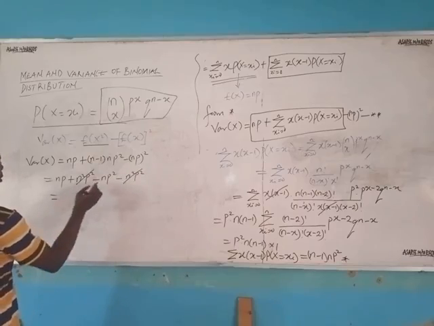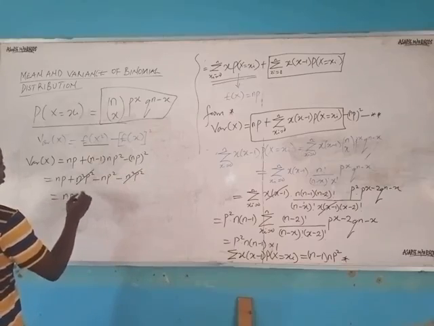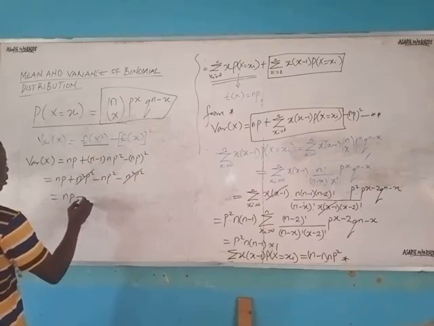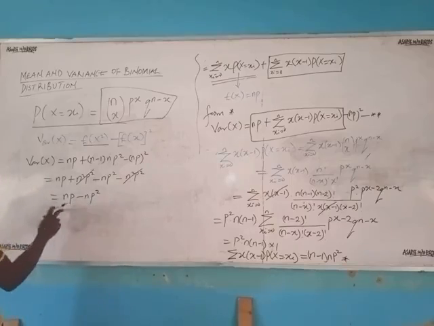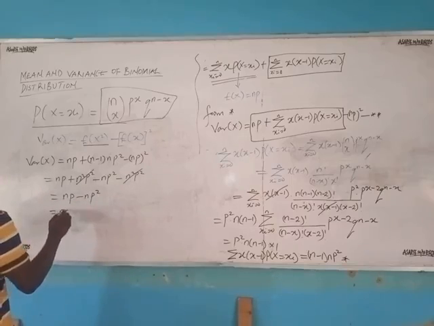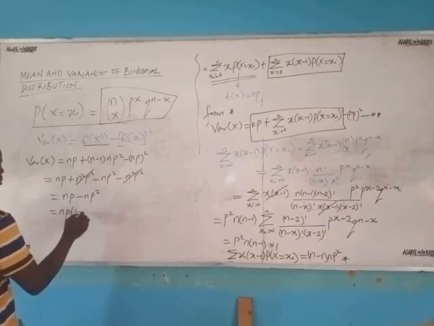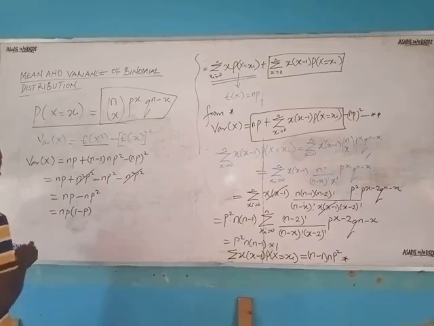So we easily have np minus np squared. What is common here? np is common, left with 1 minus p.